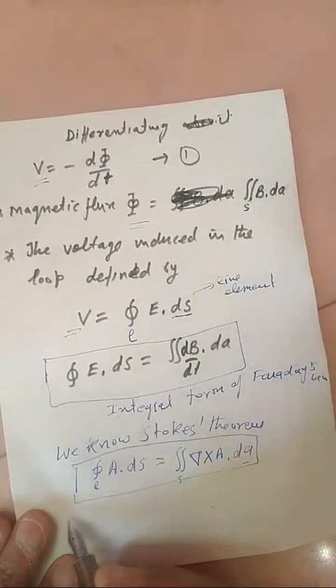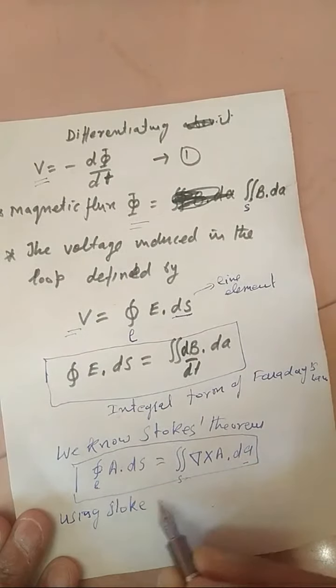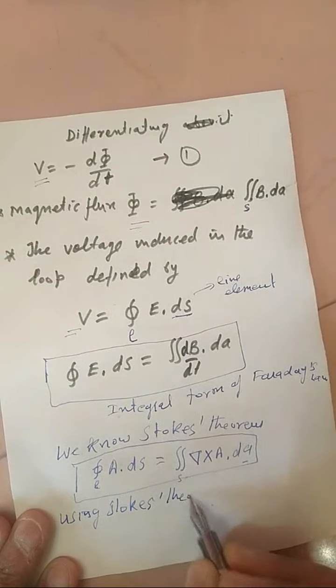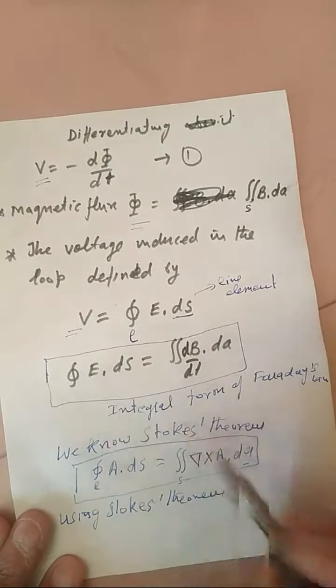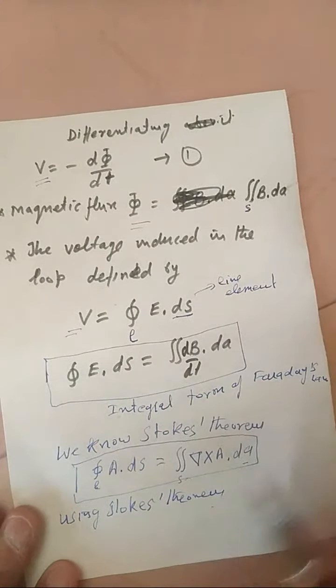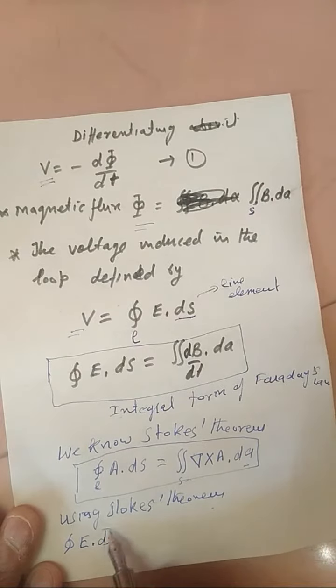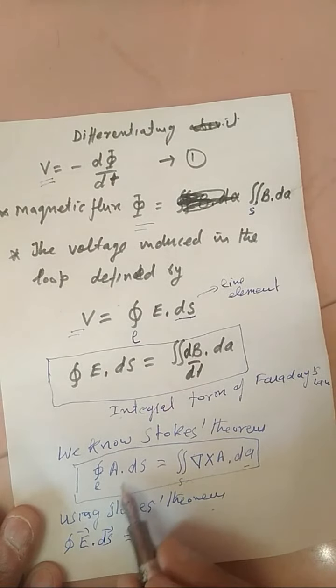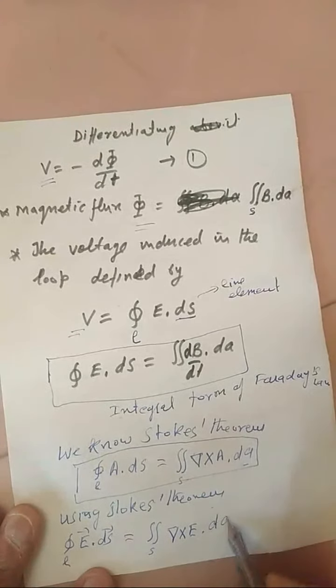Using Stokes theorem, I can write the integral form of Faraday's law: E dot ds is a line integral, so using Stokes theorem, it is equivalent to the surface integral of curl of E dot dA.